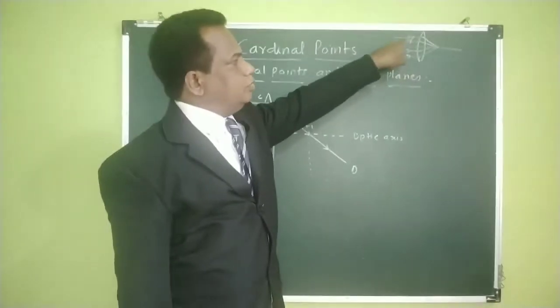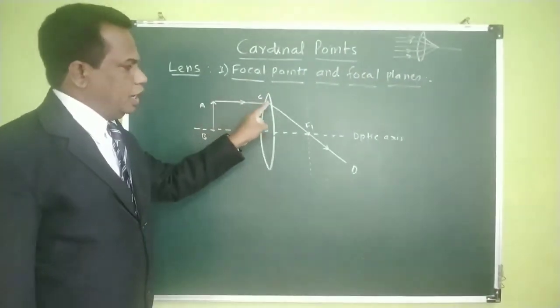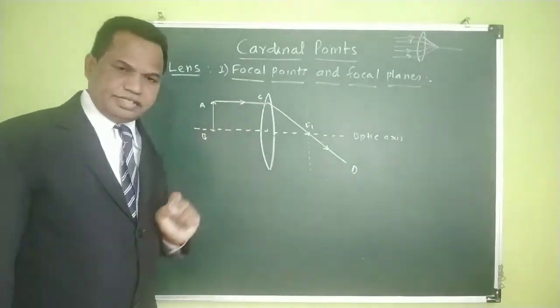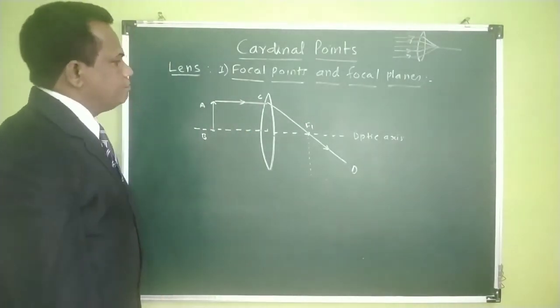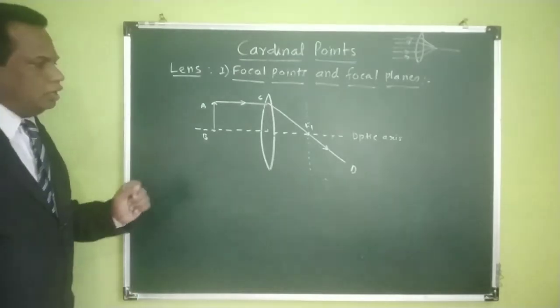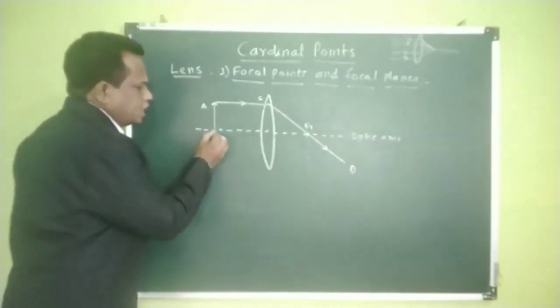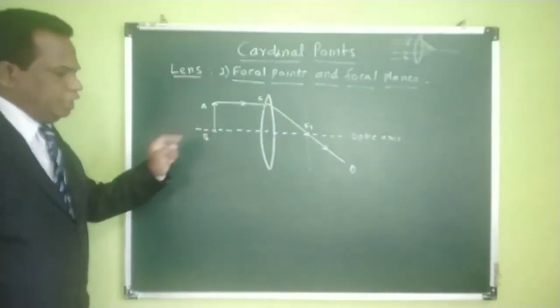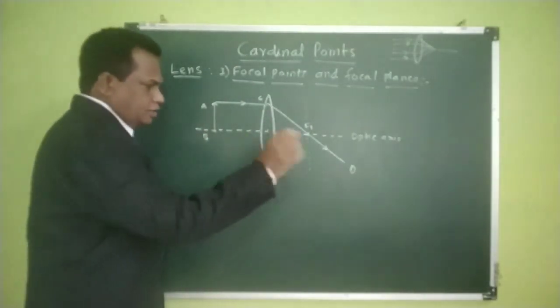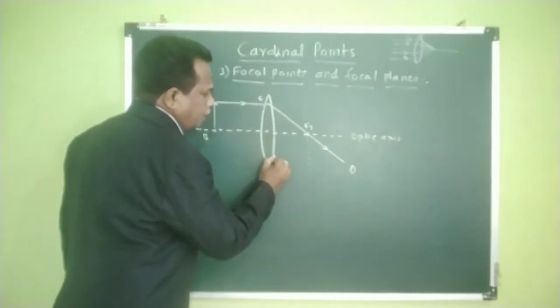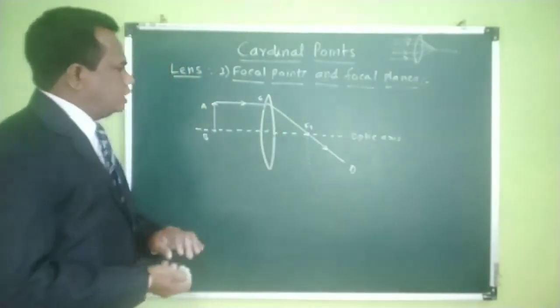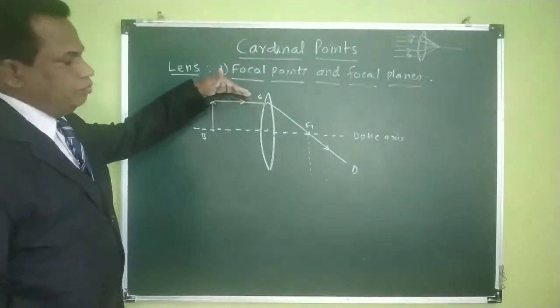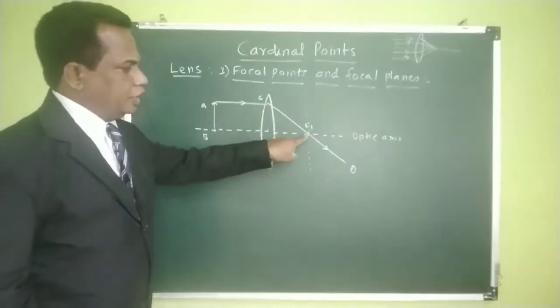Instead of a large number of rays, I have drawn only one ray parallel to the principal axis. Similarly, if I draw one ray from the bottom of the object, B, I can draw one more parallel line. Same definition: the parallel ray passes through the focal point on the optic axis.